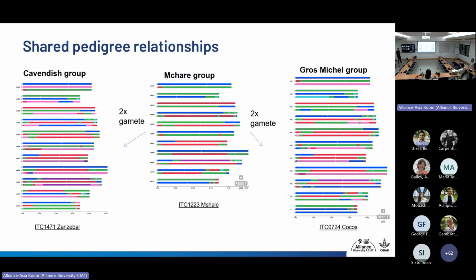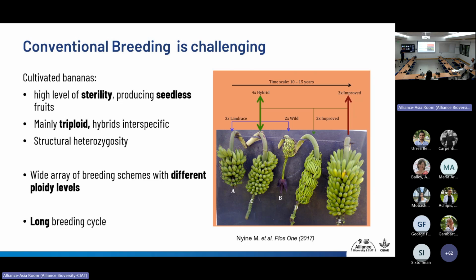There was no recombination to do that. This is the type of observation we can make. And if we can do that for landraces that were created a long time ago, we can also use that for breeding. It can be quite interesting to use it for breeding because breeding is very challenging in banana.